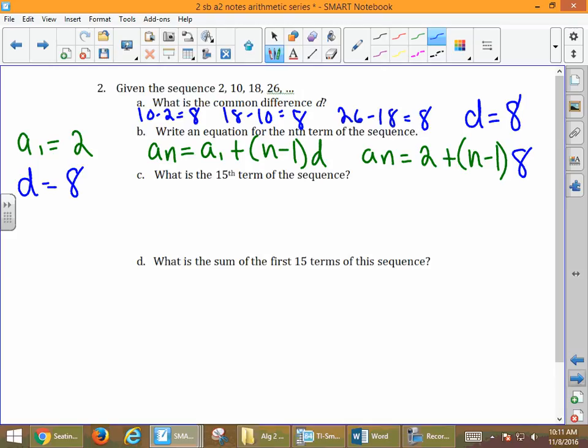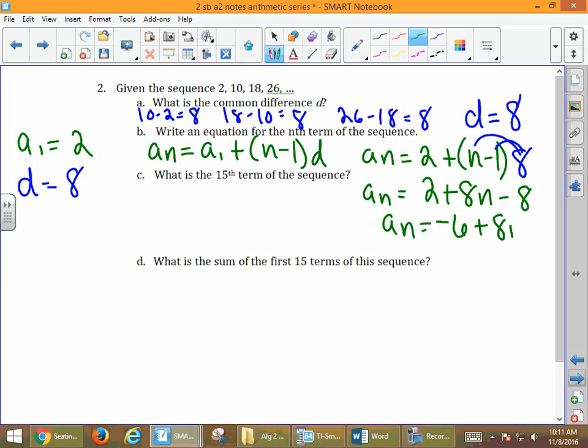We're going to distribute, so we get 2 plus 8n minus 8. What's outside the parentheses gets multiplied by what's inside the parentheses. When we combine like terms, we get a sub n equals 2 minus 8, which is negative 6, plus 8n.